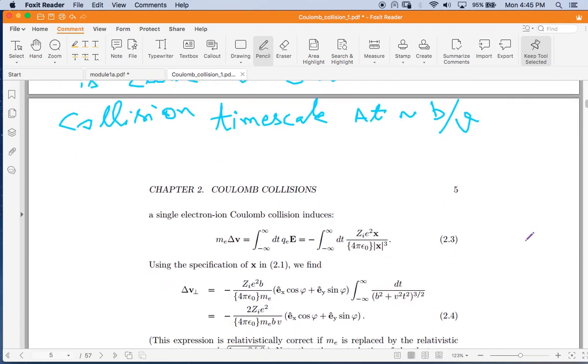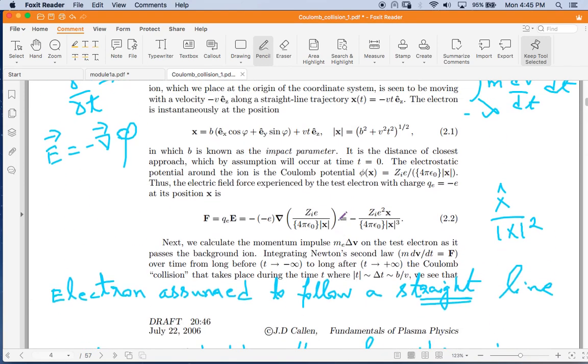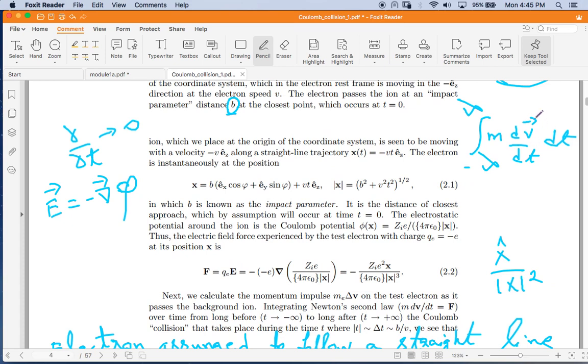Okay, it's useful. So now again we are calculating the momentum impulse, which is the difference in momentum before and after the collision, m_e delta v. And so in order to do that, you see right here, this is nothing but F, isn't it?